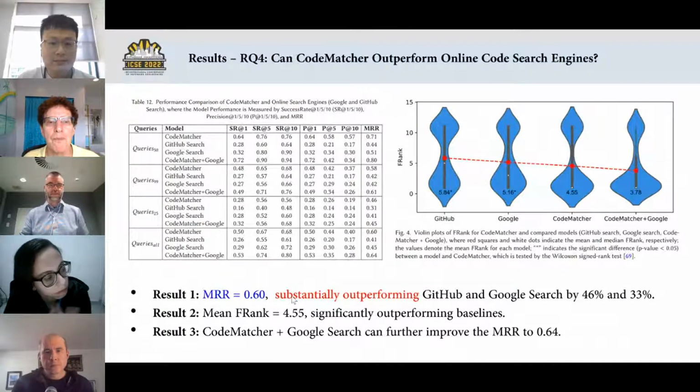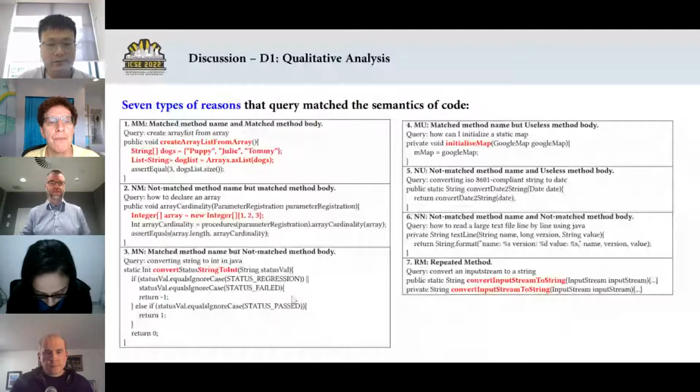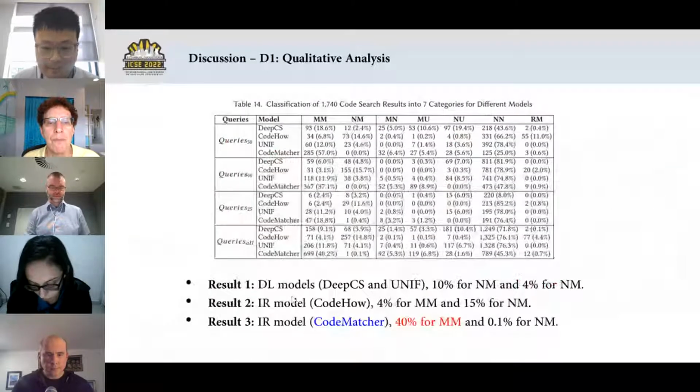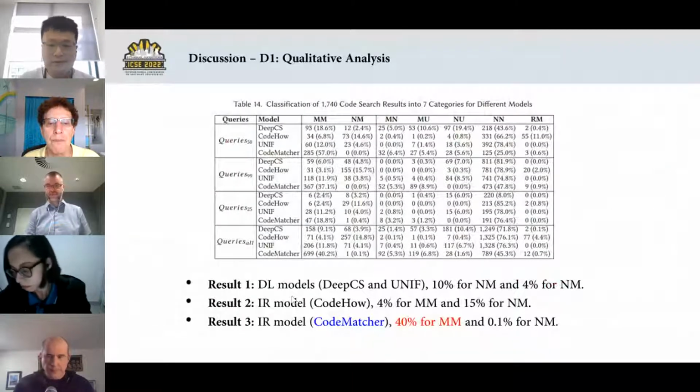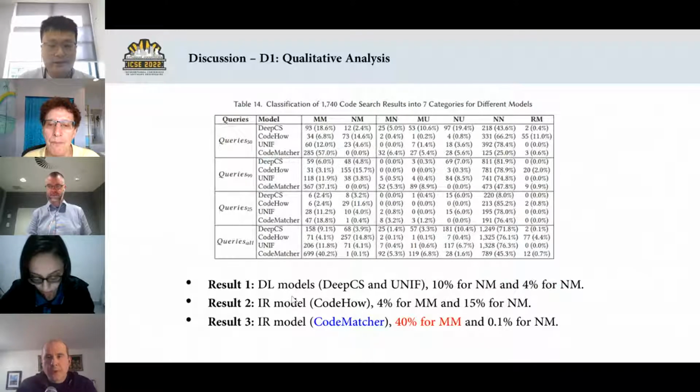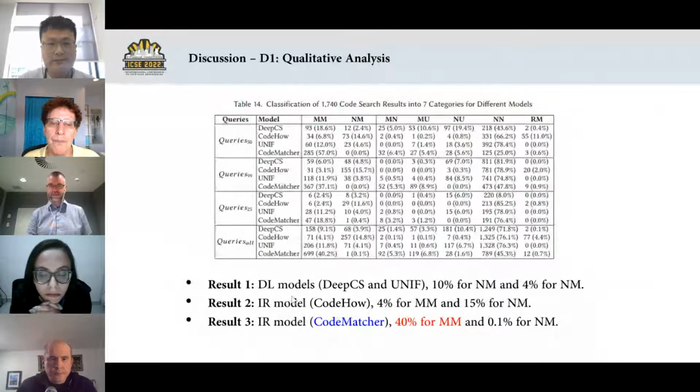We analyzed why Code Matcher works. We found that in most cases, Code Matcher works because it can successfully match the semantics of the query and method names.